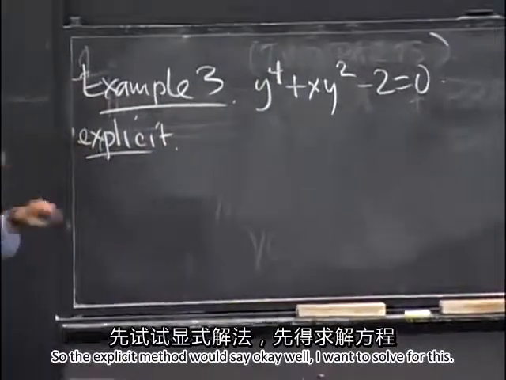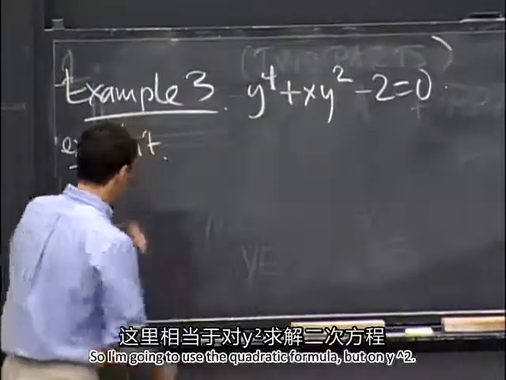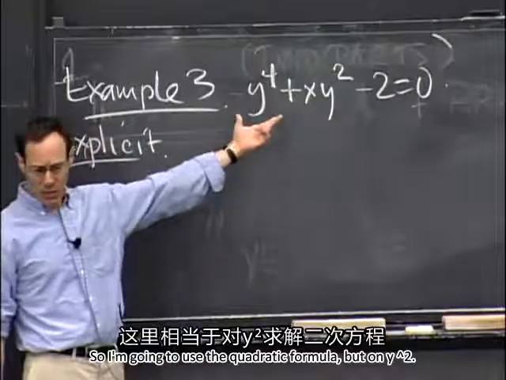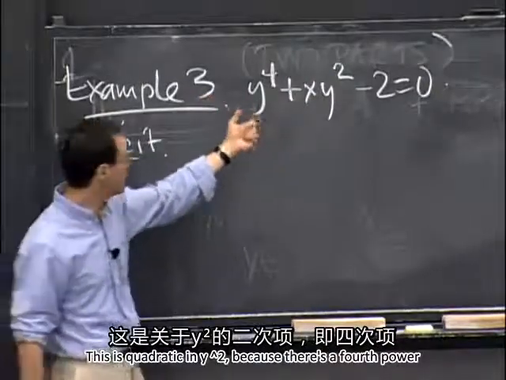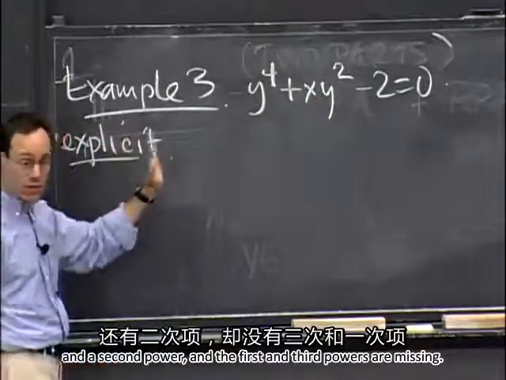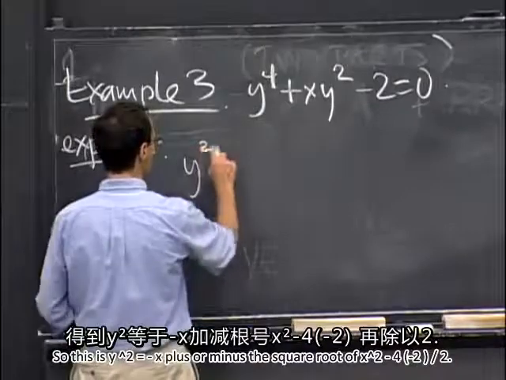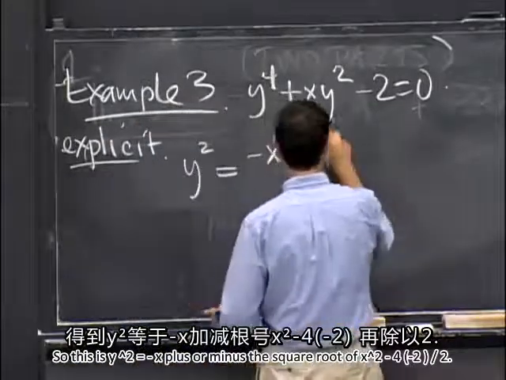So the explicit method would say, okay, well, I want to solve for this. So I'm going to use the quadratic formula, but on y squared. This is quadratic in y squared, because there's a fourth power and a second power, and the first and the third powers are missing.